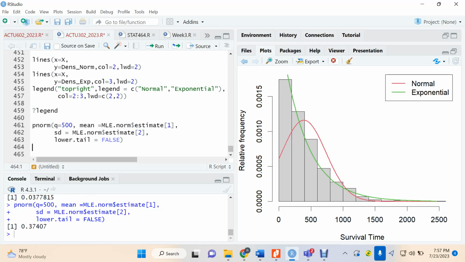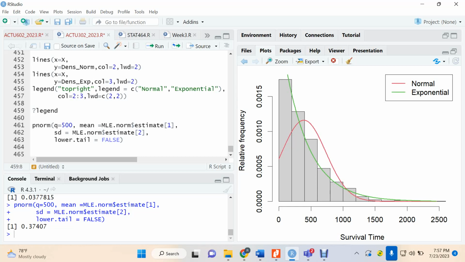Now, what I want you to do is this for several quantiles. Maybe you simulate from 1,000 to 2,500 in steps of, let's say, 50 or 100. Then you find this using the normal and using the exponential.